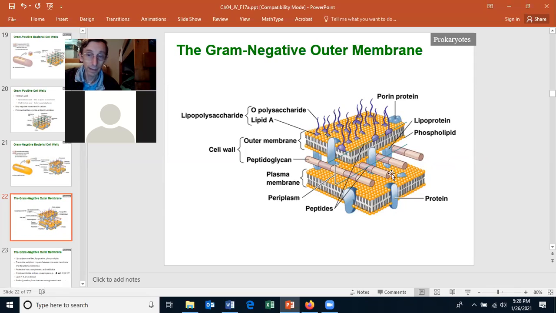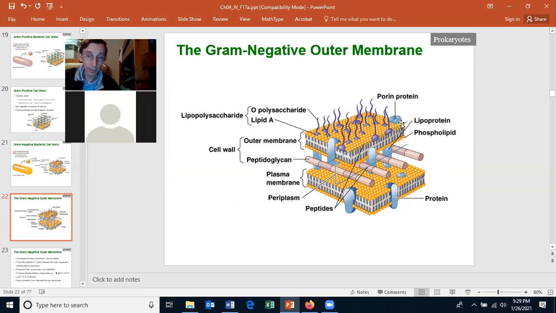And how they do that is they move through this porin protein. The porin protein is not a transport protein, which is generally how we move things through the cell membrane. If you want something to come into the cell and it can't move through the cell membrane, the cell will make a transport protein to move that molecule into the cell.